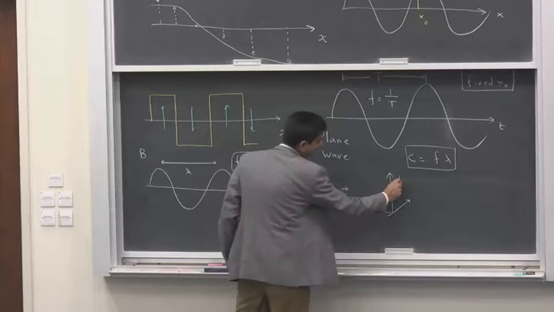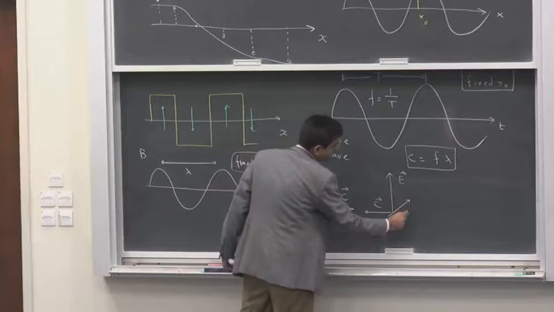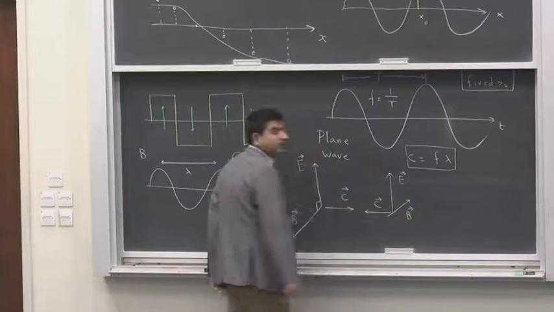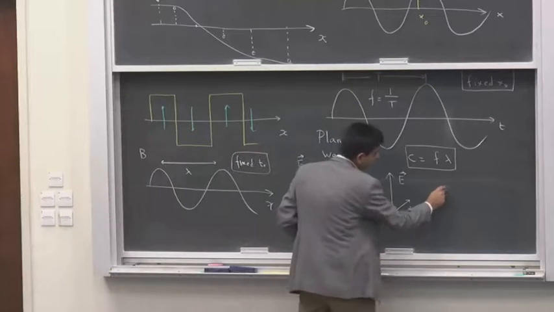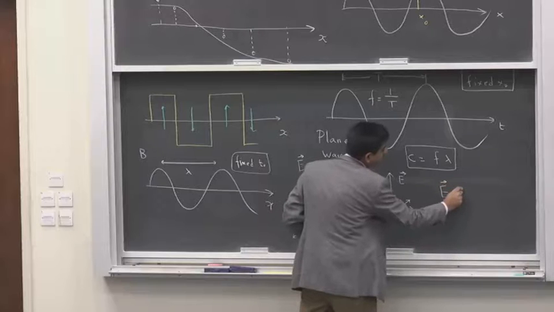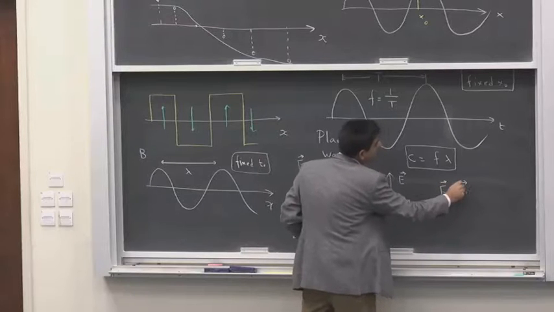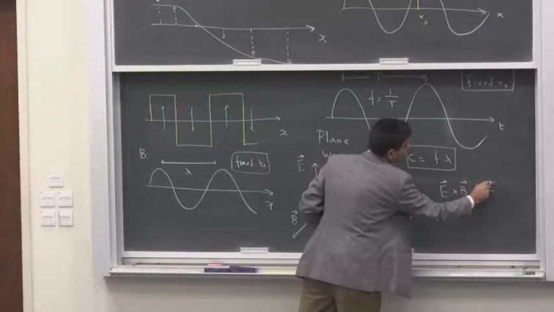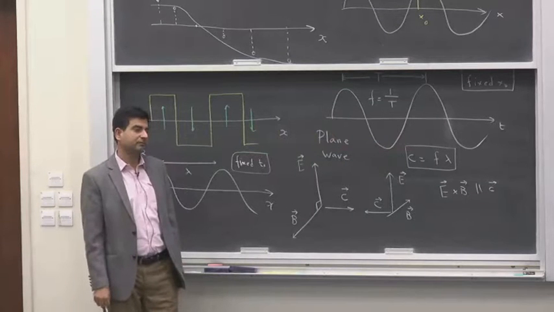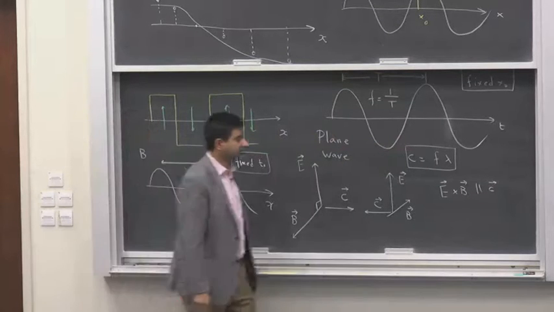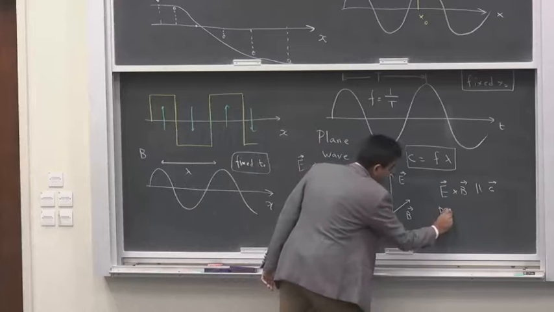So this is E, this is B. So the cross product of E and B is parallel to the direction of propagation of the electromagnetic wave. Propagation.